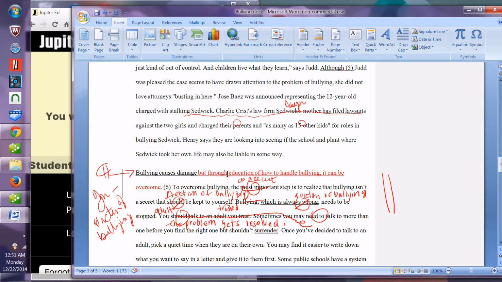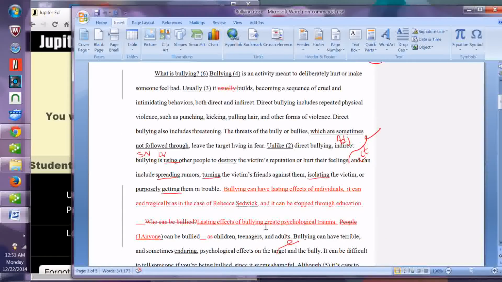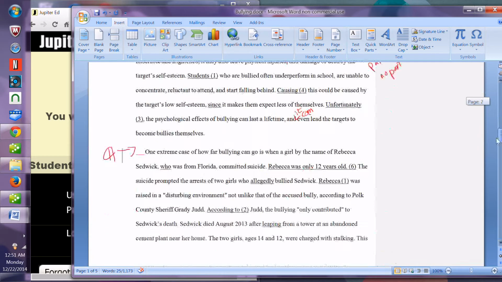And so we used some of the key words from our thesis to start our main idea for our third body paragraph, our third topic.